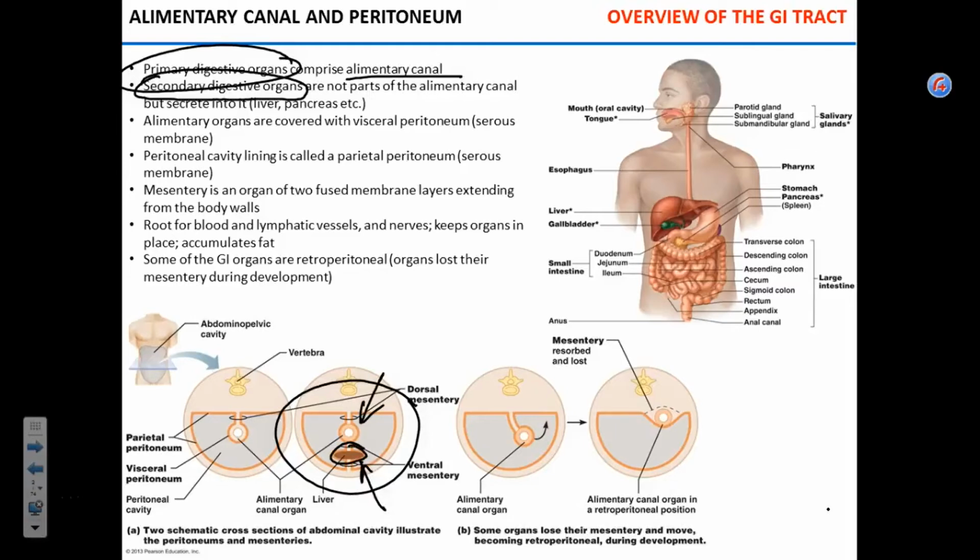Parts of the large intestine and parts of the small intestine are covered by peritoneum. On the other hand, some of the parts of alimentary canal during the development pushed away from peritoneal cavity and become, we call them retroperitoneal. Does that make sense?